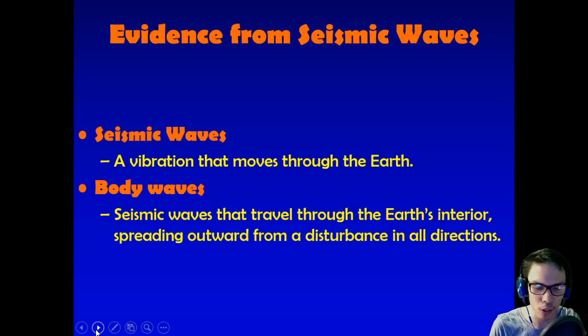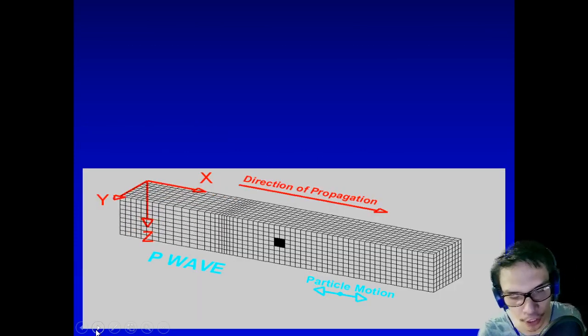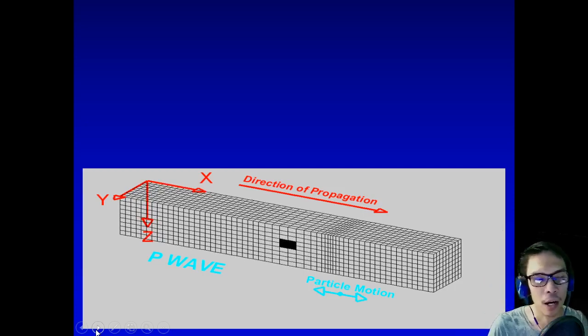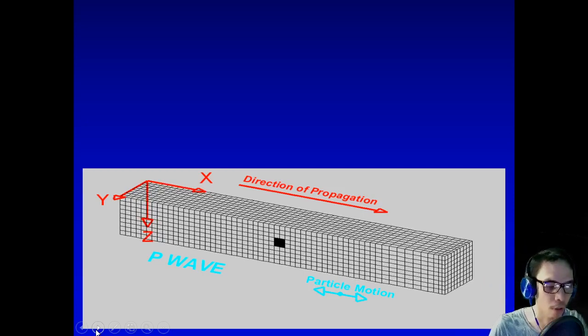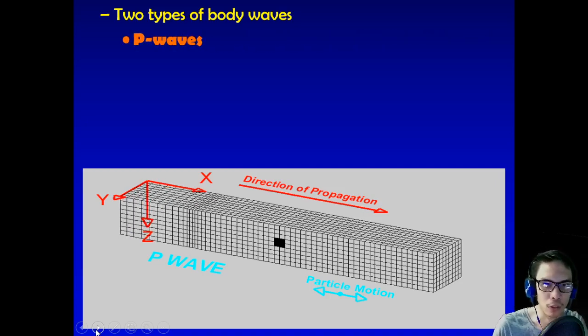In this part, we will try to find out how we use these seismic waves to find out that the Earth is made up of several layers. So let's have the first kind of body wave, which is called the P wave.